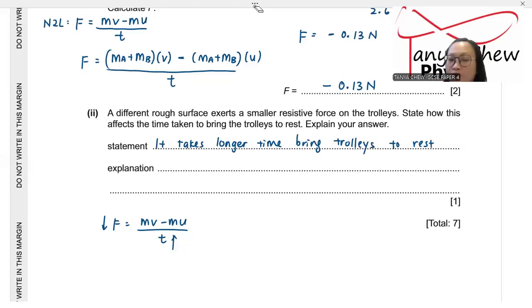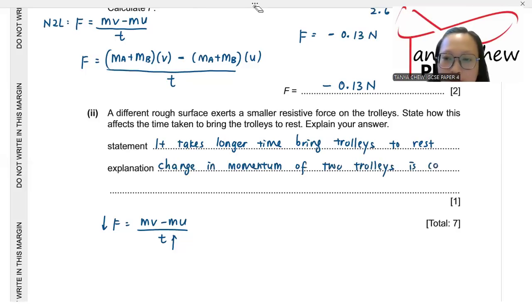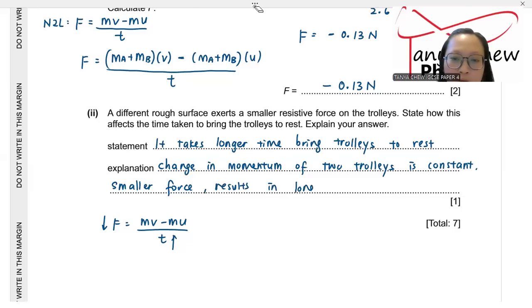The explanation is because the change in momentum of the two trolleys is constant. So that is why a smaller force results in longer time.